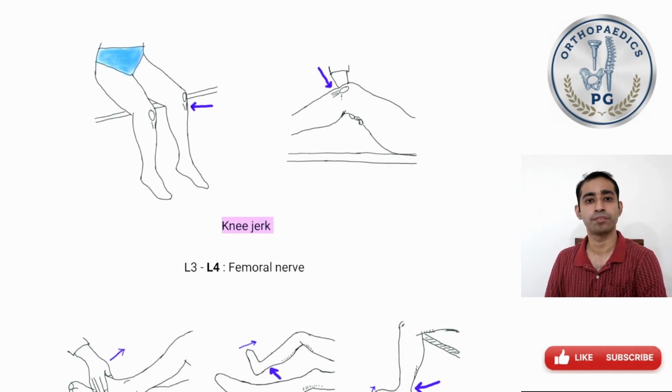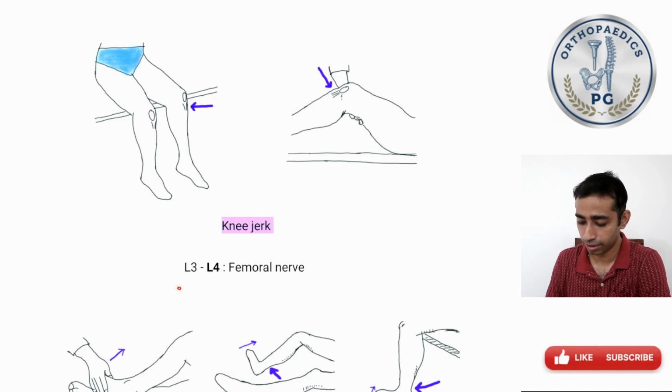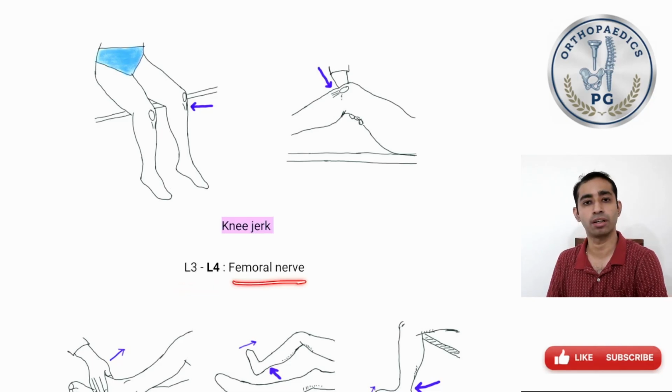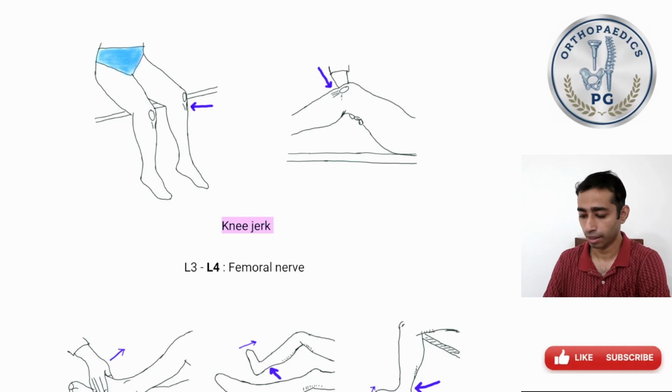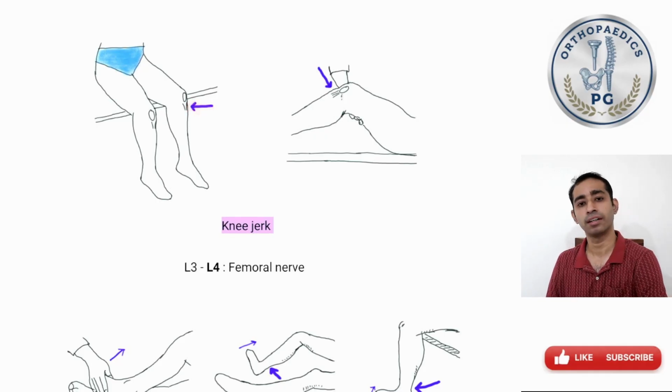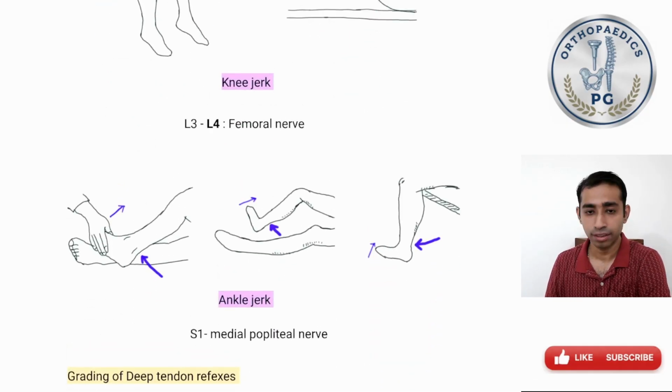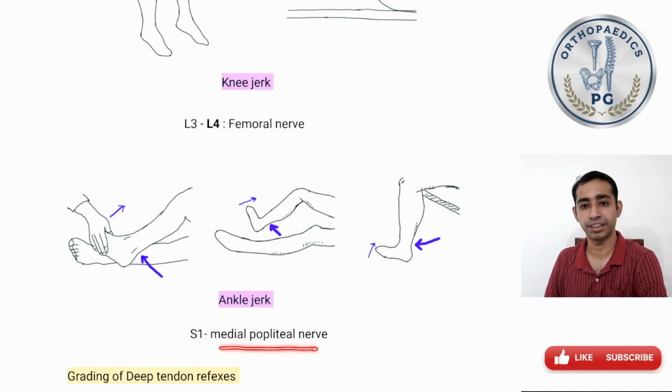In the lower limb, we have the knee jerk. The nerve root is L3, L4 supplied by the femoral nerve. Again, can be done with the patient sitting with the leg hanging or supine with the knee slightly flexed and supported. We have to hit at the patellar tendon. For ankle jerk, the nerve root is S1 and the nerve is medial popliteal nerve.